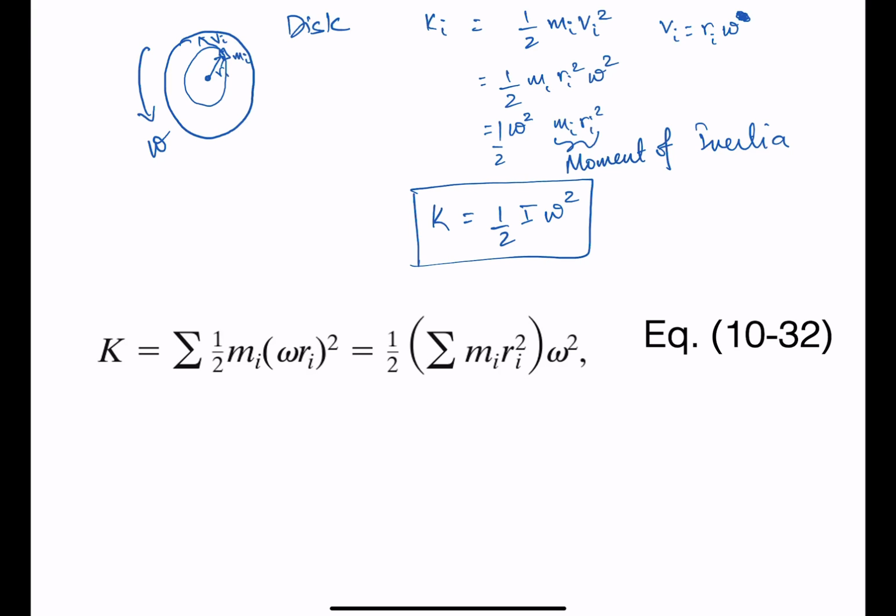Similarly for the kinetic energy of a disk, that is 1 half omega squared summation of mi ri squared. This will be the moment of inertia.